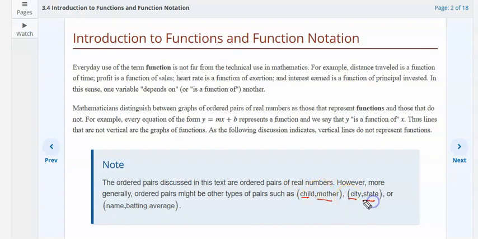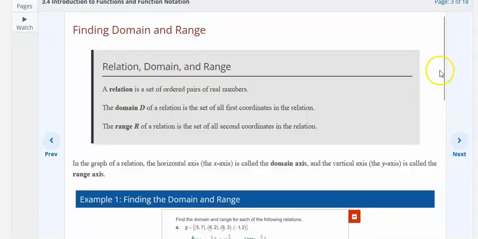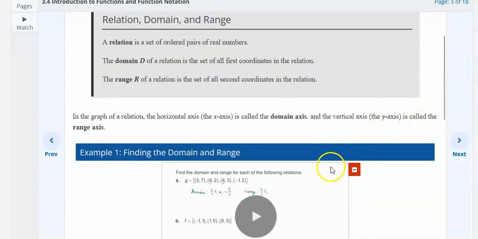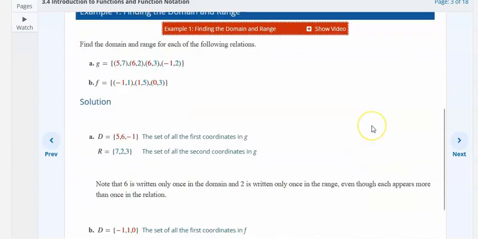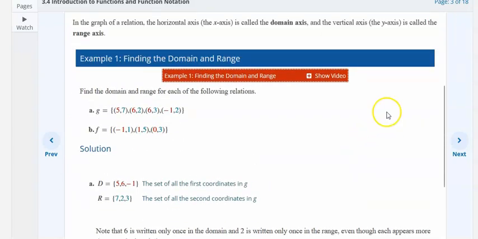City, state, or name of a player, and it's his or her batting average. So again, we've given you some background. You can read it carefully, but we've talked about a relation, the domain, and the range. So pause, read it over. And again, there are videos for these by the authors of our book.